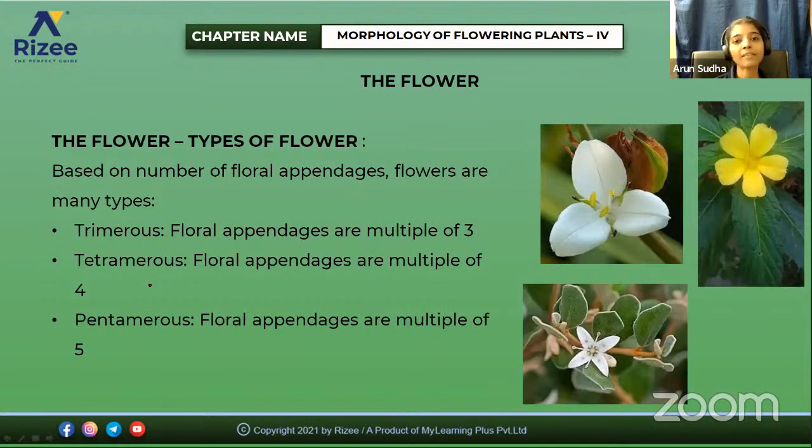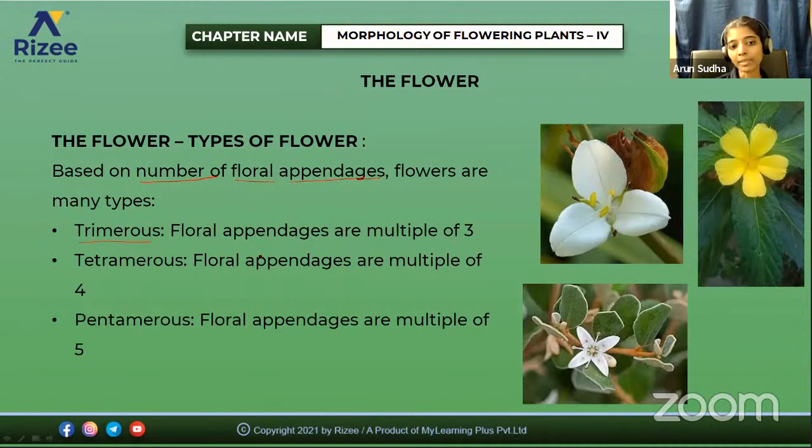Then the different type of classification is based on the number of floral appendages. Depending upon the number of floral appendages, for example, the number of petals here, the flowers are of many types. Trimerous: here the floral appendages are in multiples of 3, so either it can be 3 or a multiple of 3.